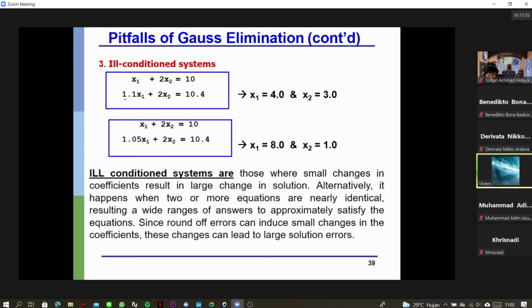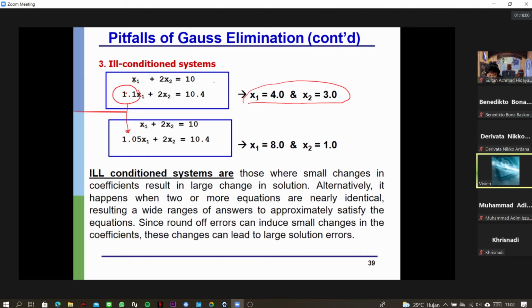And then the second equation is 1.1 x1 plus 2 x2 equals 10.4. When we solve the system, the values of x1 and x2 for the solution are 4 and 3.